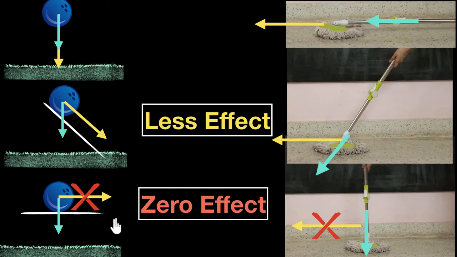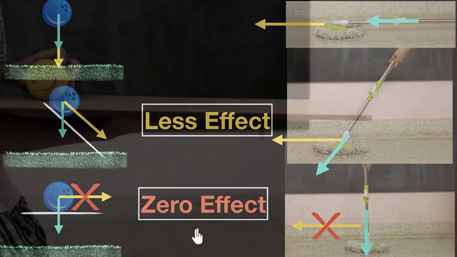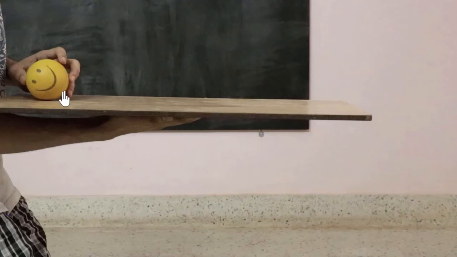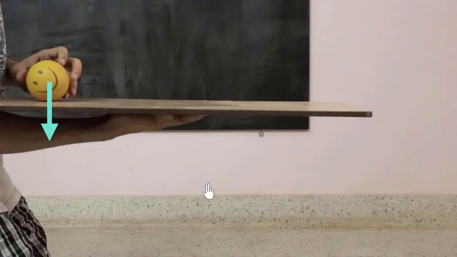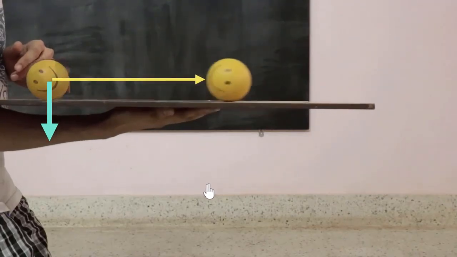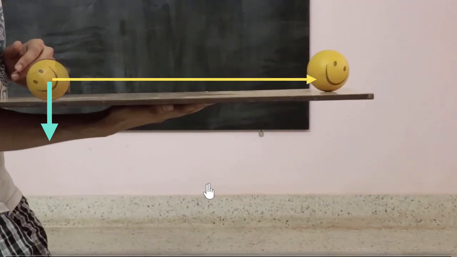So what can we say about the work done in this particular case? Well, let's take an example. So imagine I take a ball and I keep it on a perfectly horizontal slide. And let's think about the work done by gravity. Gravity is pulling it down. Let's say I push this ball now and make it displace horizontally. What is the work done by gravity? Can we just say it is the gravitational force multiplied by the displacement?